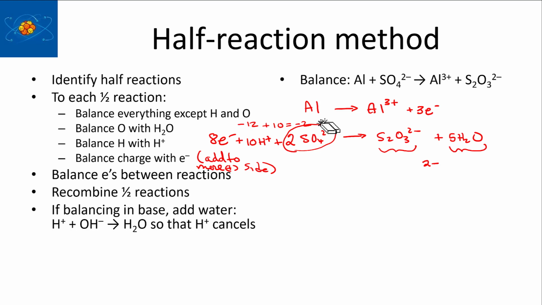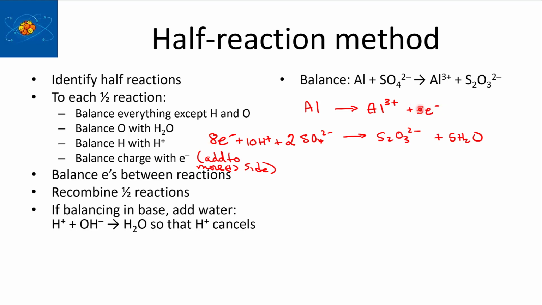Now, here's the difficult part. Not necessarily more difficult than the earlier part, but the numerically difficult part. Remember, what we're trying to do is get the electrons that leave this reaction to balance the electrons that are going into this reaction. I have an 8 here, and I have a 3 here.